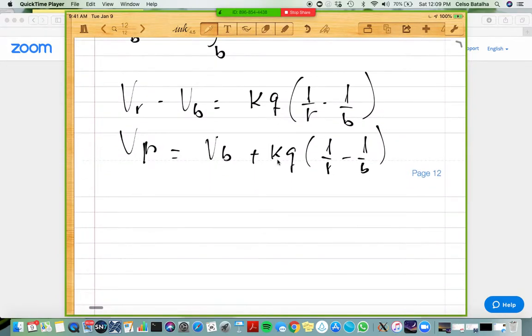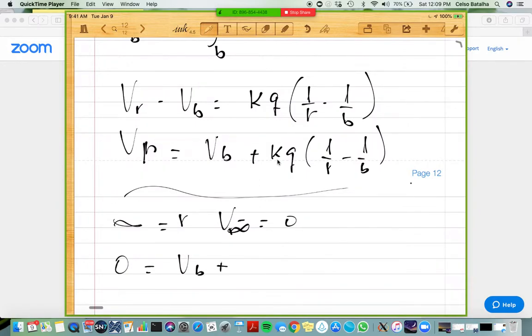and then our last step is using the information given in the statement, and that is, if R becomes very big, the voltage is 0. Then 0 should be equal to VB plus kQ, and then R is a big number, right?